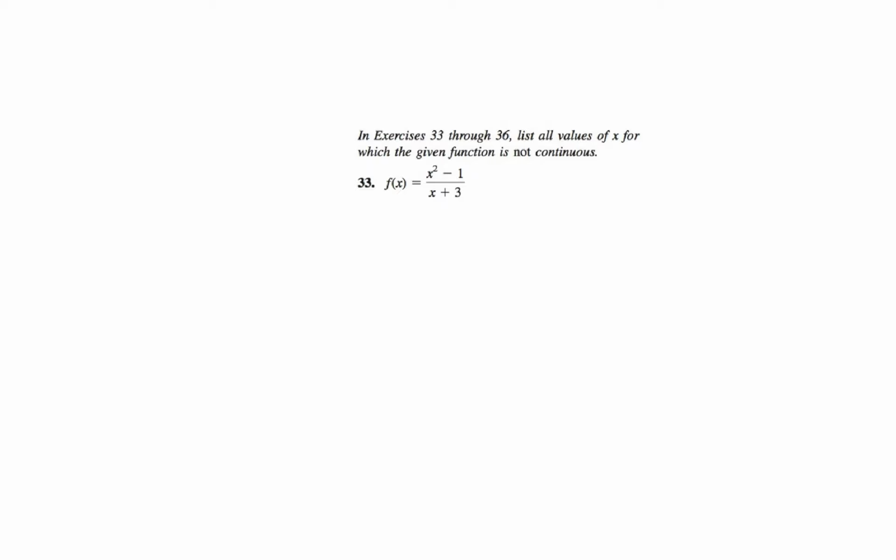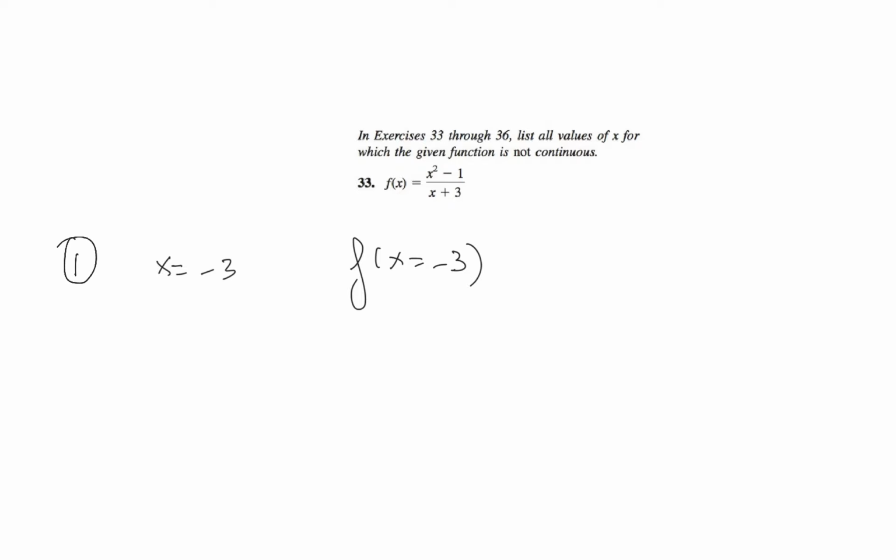Let's review what it means for a function to be continuous at a point, x equal minus 3, for example. For the function to be continuous, f of minus 3 must exist.